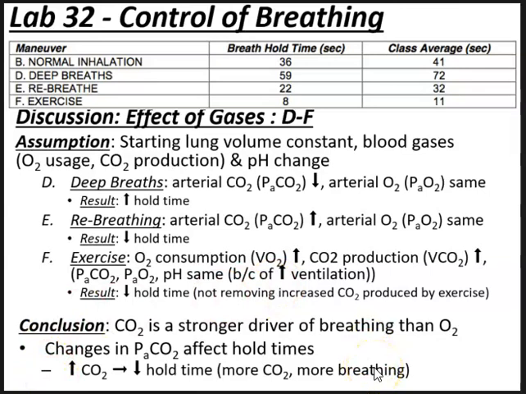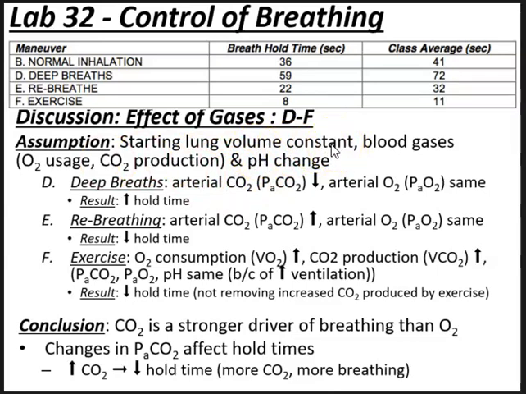So in procedures D, E, and F, we're going to be under the assumption that the starting lung volume is going to be constant, whereas the blood gases and pH are going to vary. That means oxygen usage as well as carbon dioxide production and pH levels are going to change.